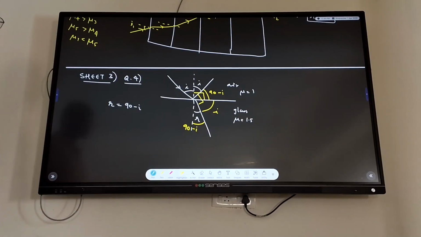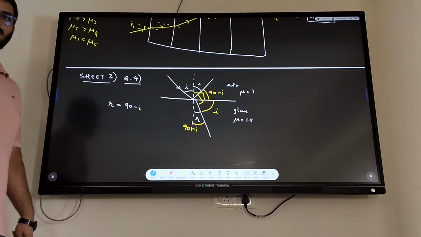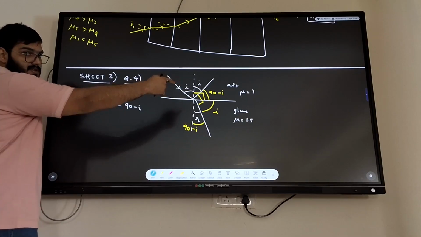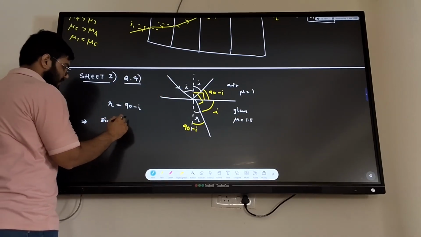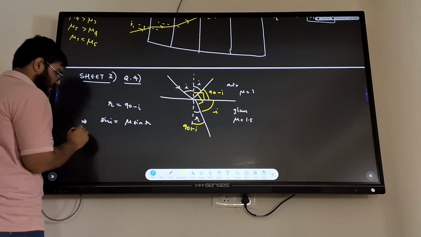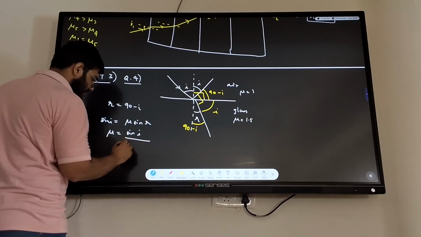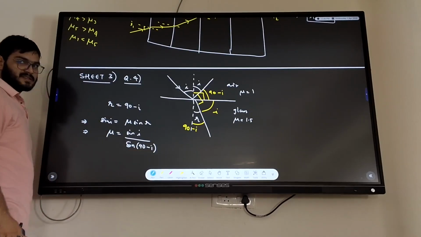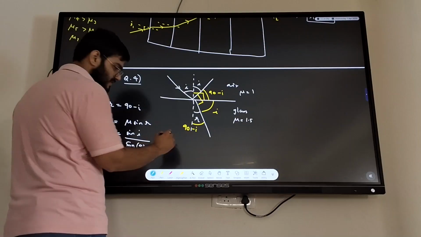Now I think I have to find this I. Then which law to apply? Snell's law, and mu1 equal to 1. So I can just directly write sin I is equal to mu sin R. And R is what? 90 minus I. Sin of 90 minus theta is plus cos theta.